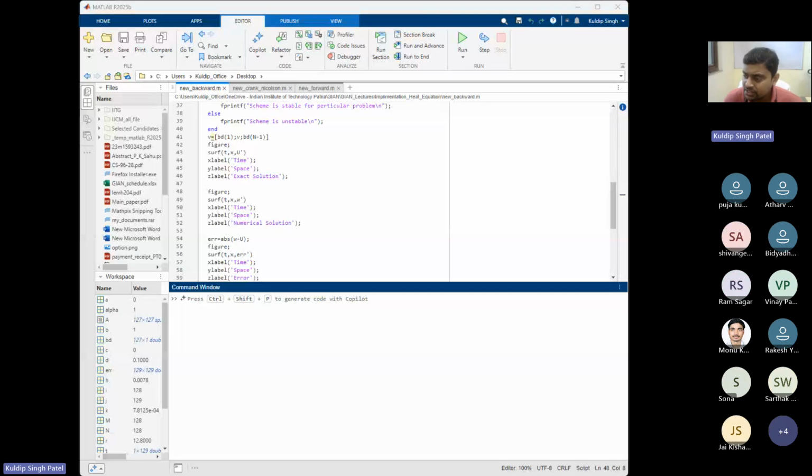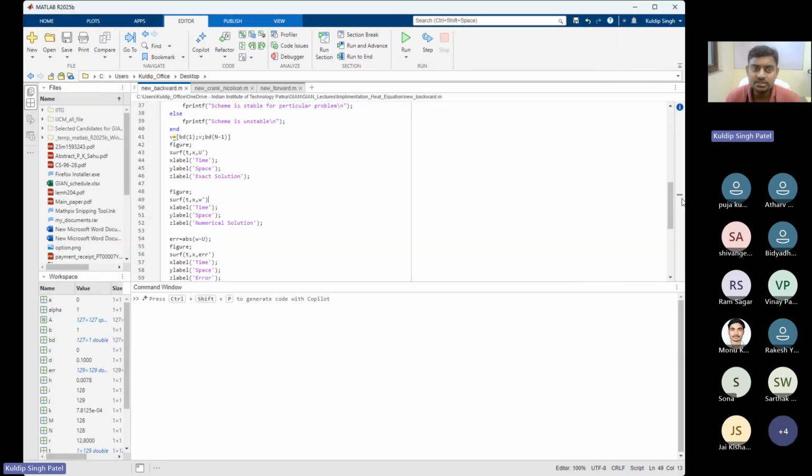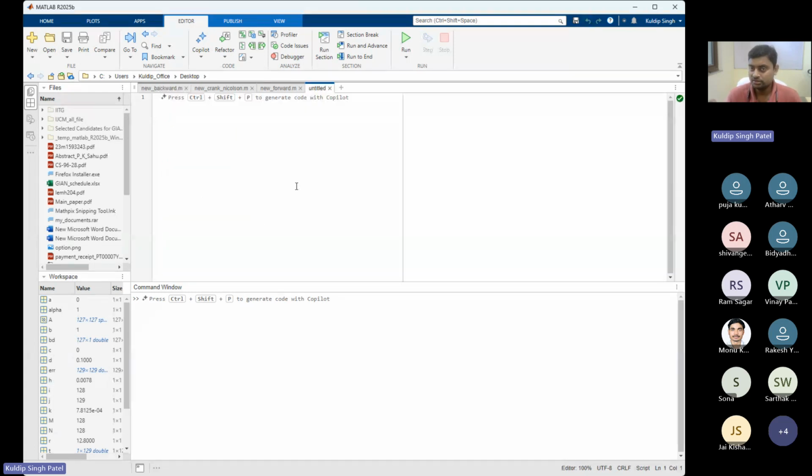So just letting you know about MATLAB. It is a simple software to do computation. You simply write some code to solve certain equations, linear, nonlinear, whatever. Nowadays, MATLAB has become so powerful.